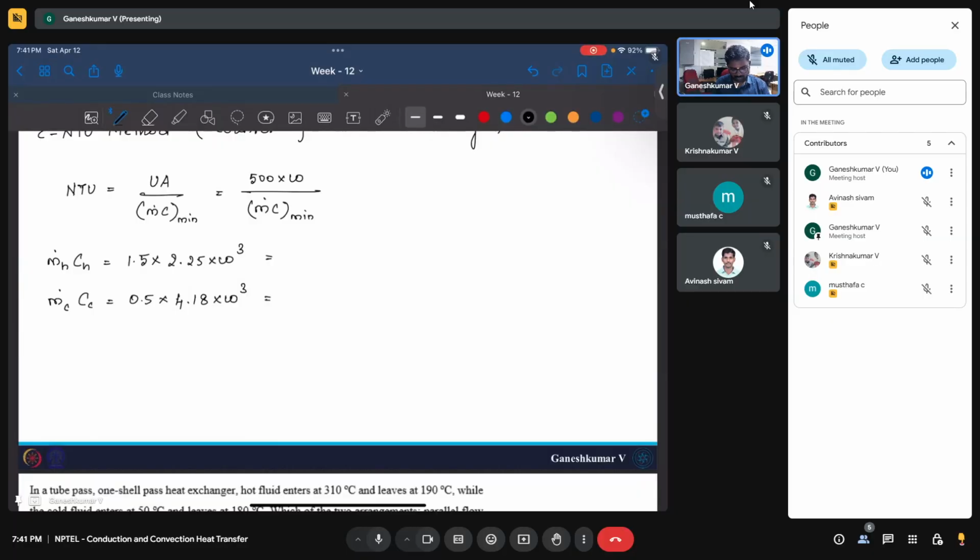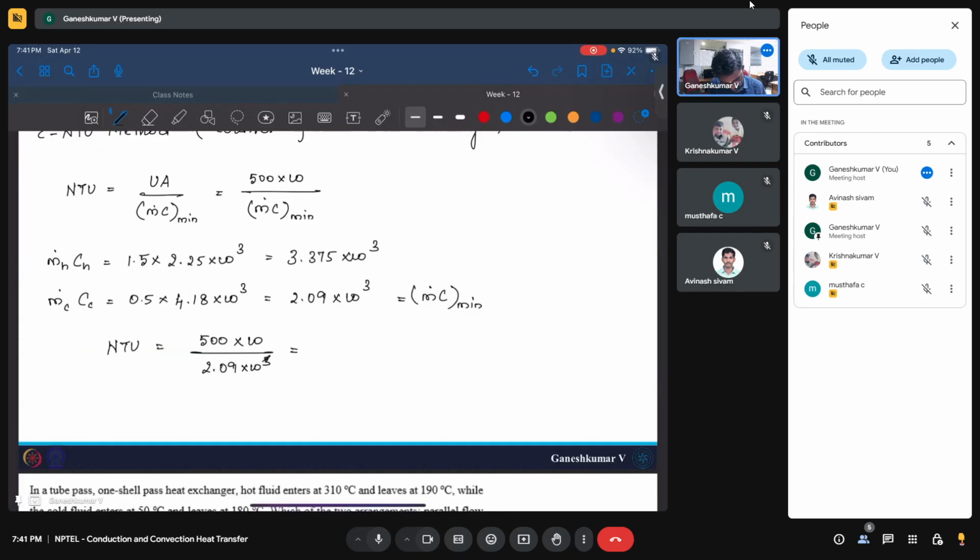1.5 into 2.25 is 3.375 into 10 power 3. This is 4.18 by 2, which is 2.09 into 10 power 3. So this is m dot C min. Now you can find NTU. NTU is going to be 500 times 10 divided by 2.09 into 10 power 3.